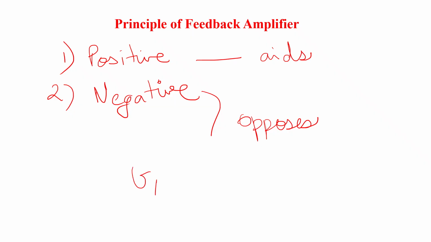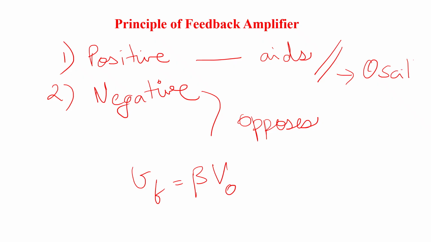The feedback voltage Vf is equal to beta into V naught, the output voltage. Yes. So here, positive feedback is used in oscillators in which the feedback signal and the input signal will be aiding each other.